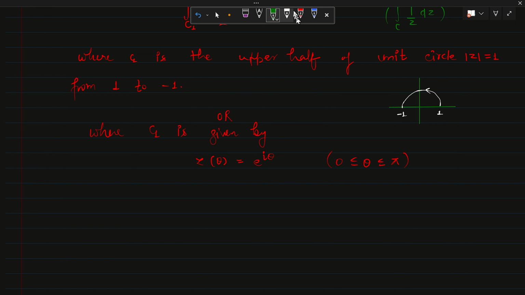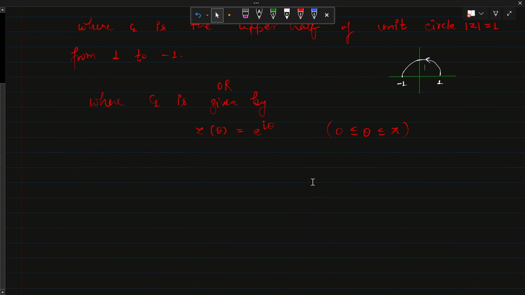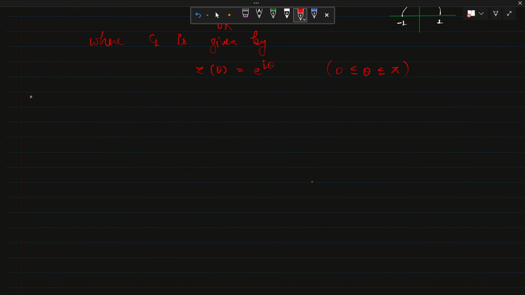So let us write the solution to this integral. The curve given is from z equals 1 to z equals -1, so let me use this parametric equation.